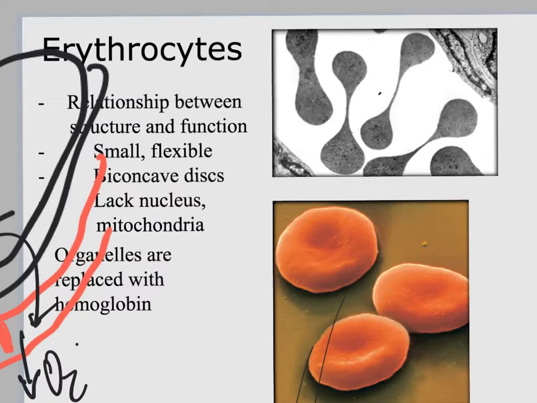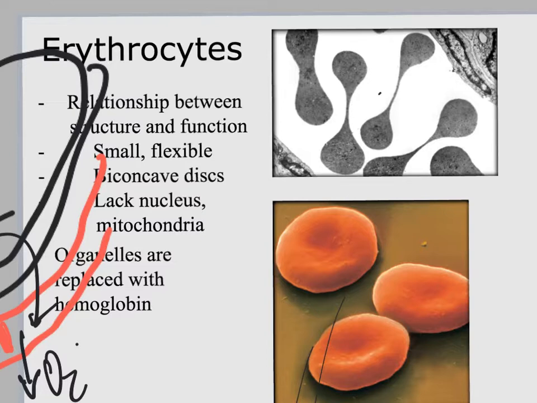The higher the surface area to volume ratio, the faster diffusion can occur. Do we want diffusion of oxygen to occur at its fastest rate right here as the blood is flowing through? Yes, we do. Okay? So that helps that process. Okay? So high surface area to volume ratio.